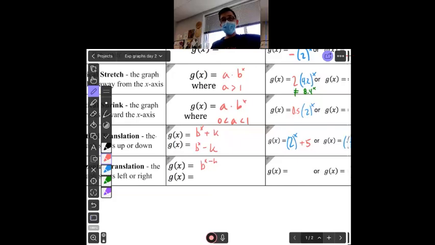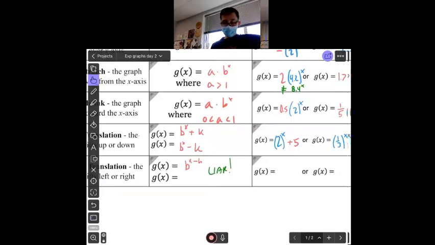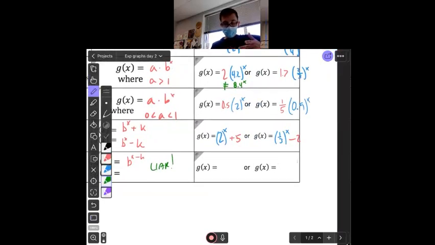right? So notice how it's up in the exponent. And then, of course, what we know about h is a liar, right? If I said something like 2 to the x minus 4, well, that's a right 4.